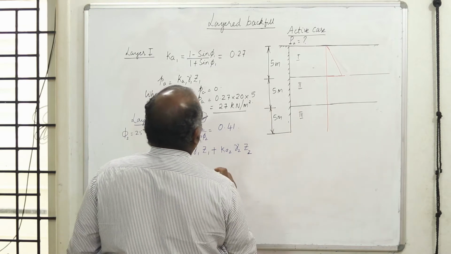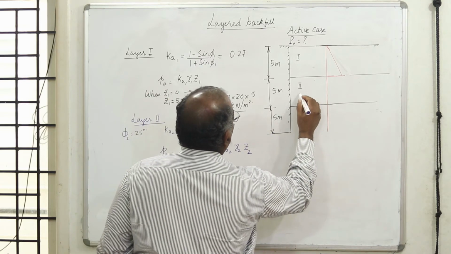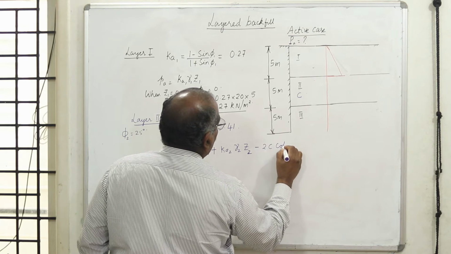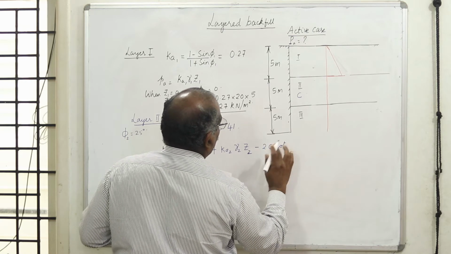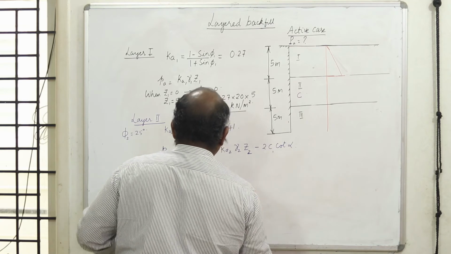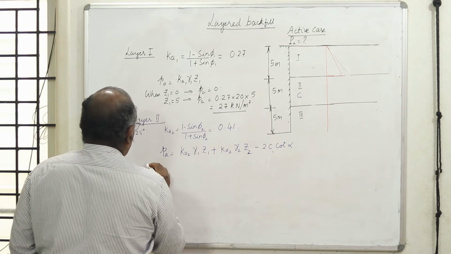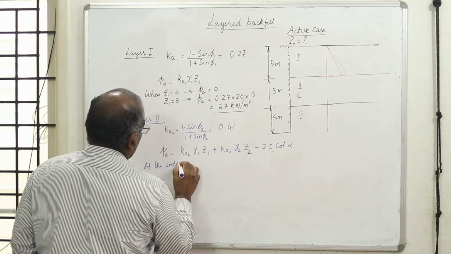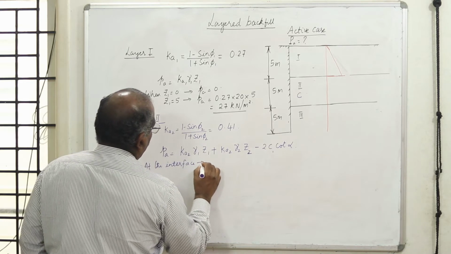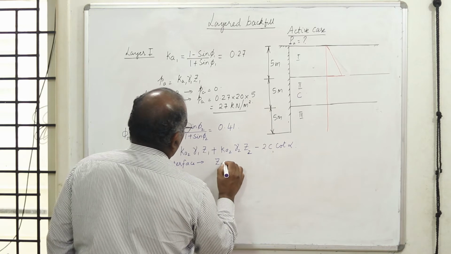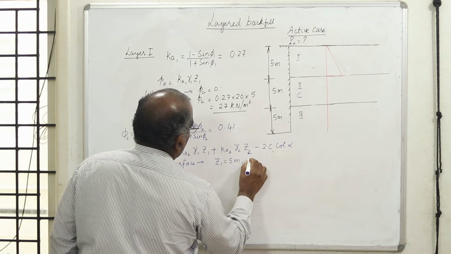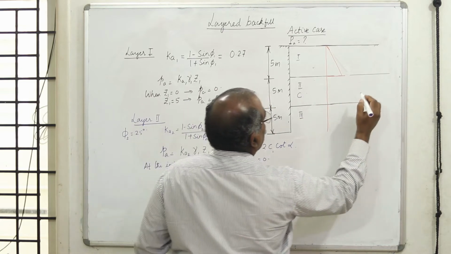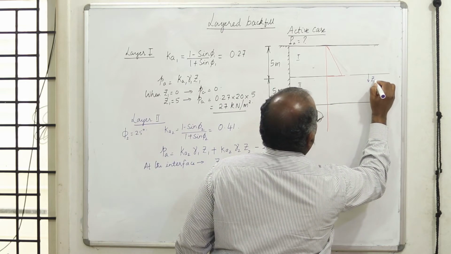Since it is a cohesive soil having cohesion, I have to write minus 2C into cot alpha. Now at the interface, Z1 is equal to 5 meters, Z2 is equal to 0. At this position Z2 is just starting from here.